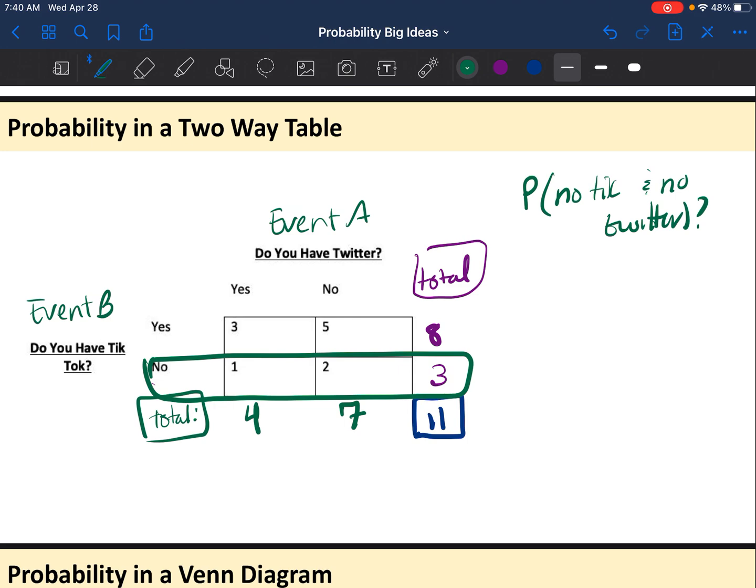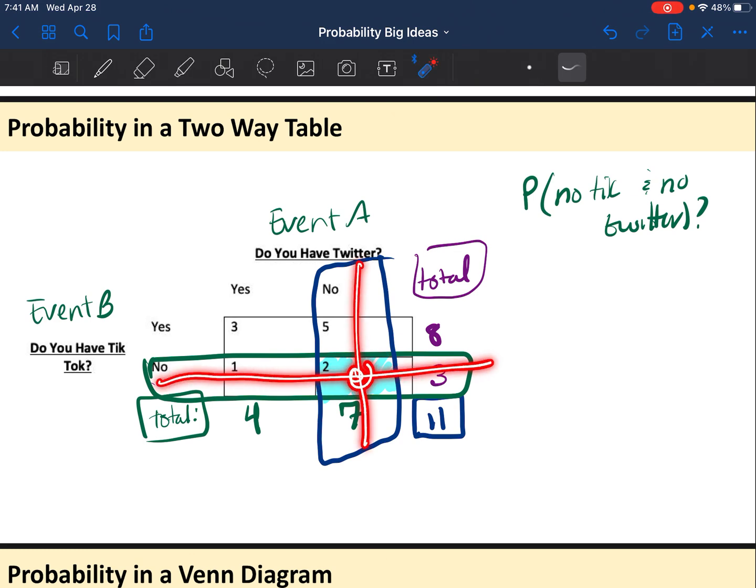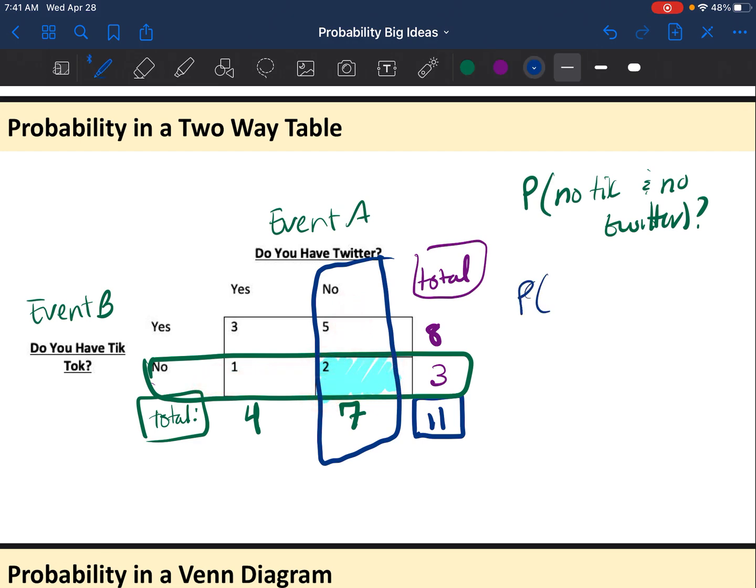So all of this represents no. And then I'm going to look at, do you have Twitter? And do the same thing, highlight no. And where they intersect represents no TikTok and no Twitter. So these two people, they do not have Twitter, they do not have TikTok. So we can say 2 out of 11. I'm going to use that same total here.